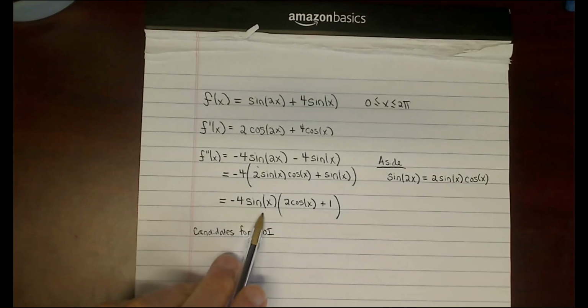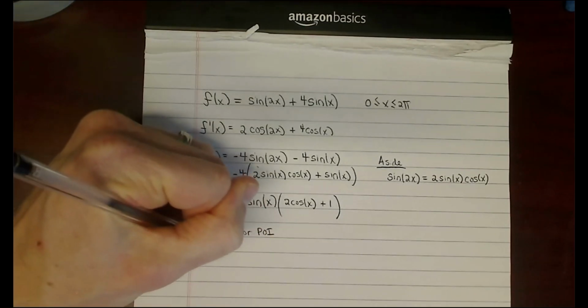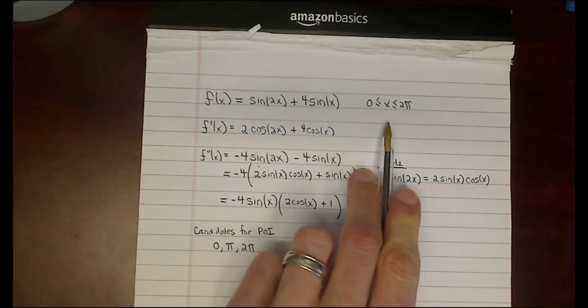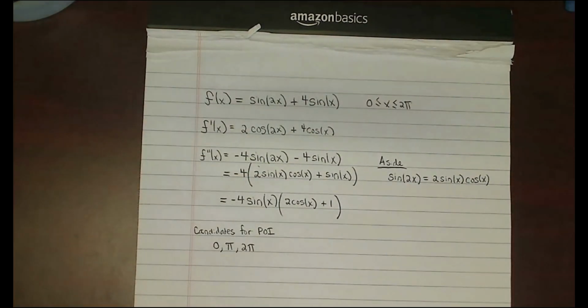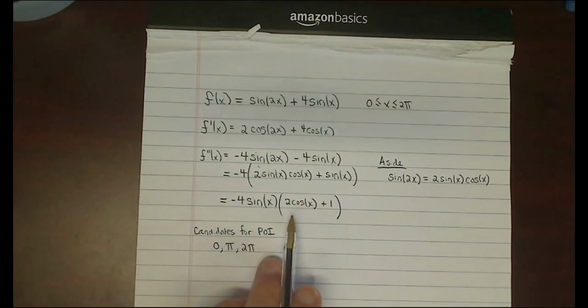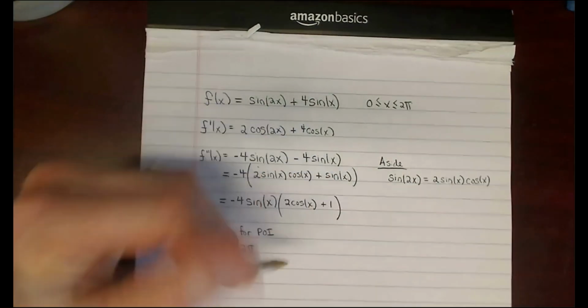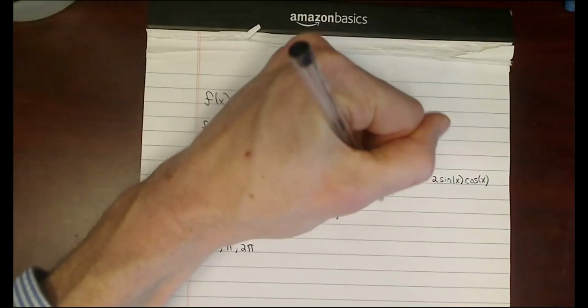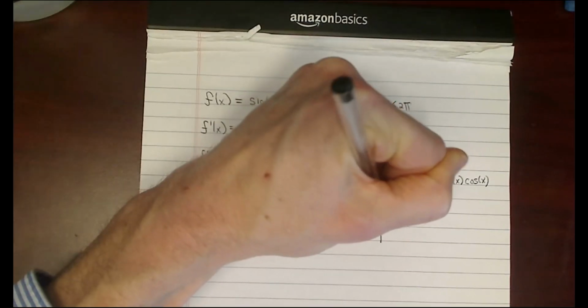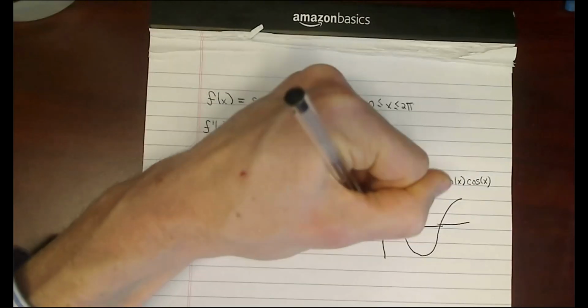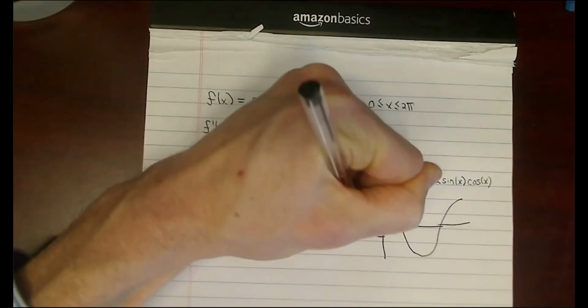Well, we have when sine is equal to 0. So that could be at 0, pi, and 2 pi, and I'm only worrying about values inside this interval. And we also have when cosine of x is equal to minus 1/2. If you think about a graph of cosine of x, some graph like this, and I'm just going to exaggerate it, suppose here's minus 1/2.